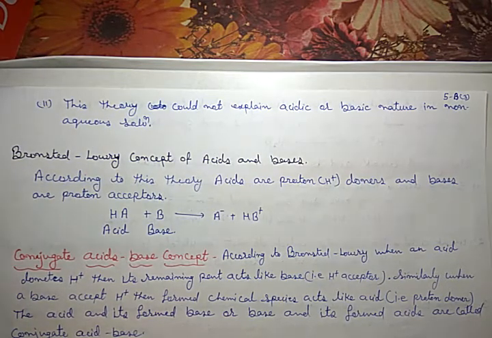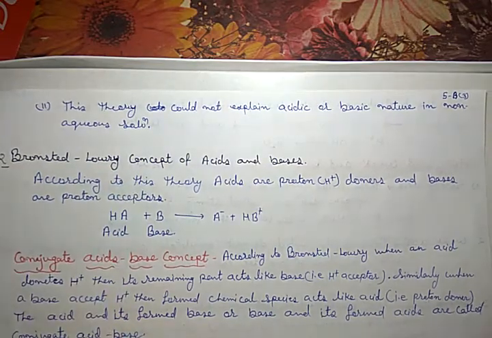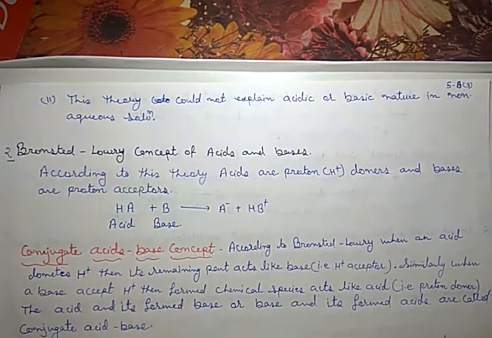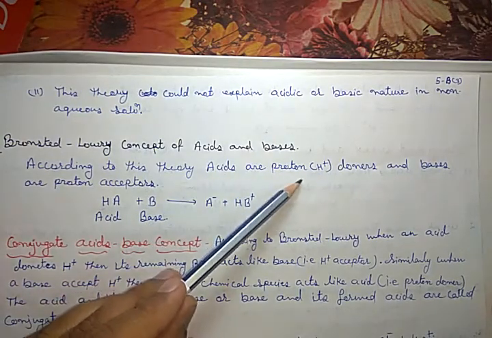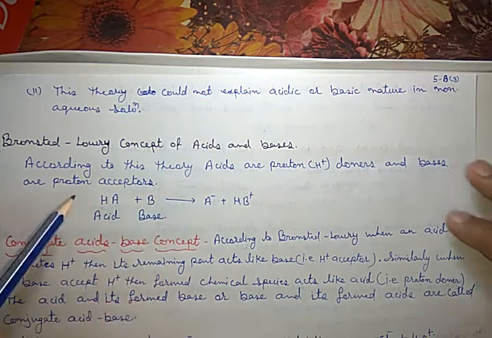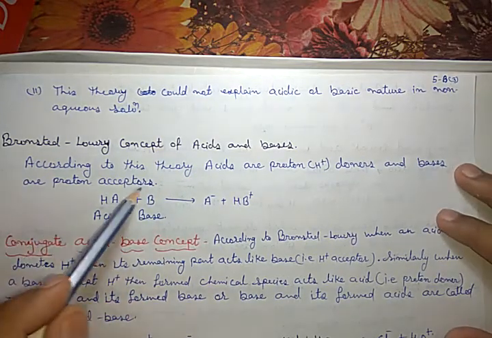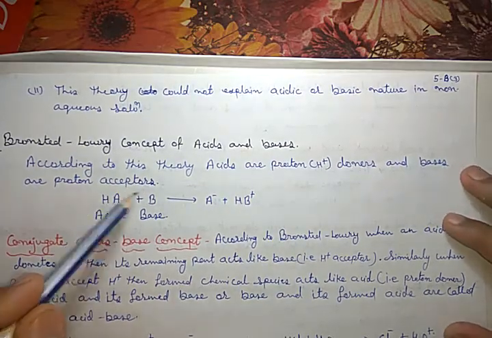Now let me move to the second theory, that is the Bronsted-Lowry concept of acid and base. It is a simple theory. According to this theory, acids are proton donors. That means those substances which give H plus ions are known as acids, and those substances which accept or receive protons are known as bases.